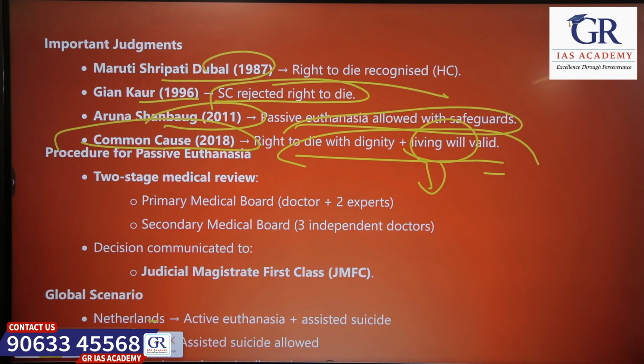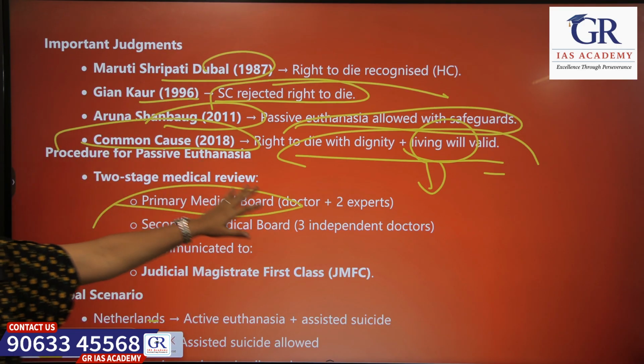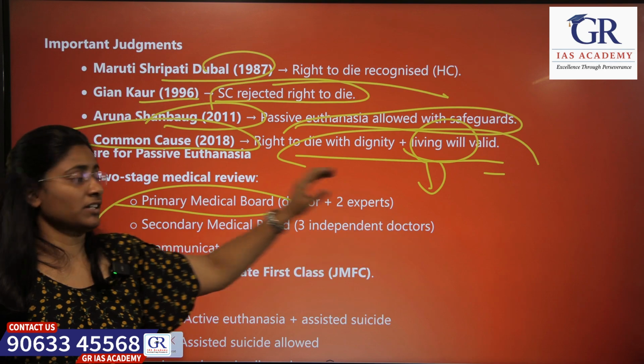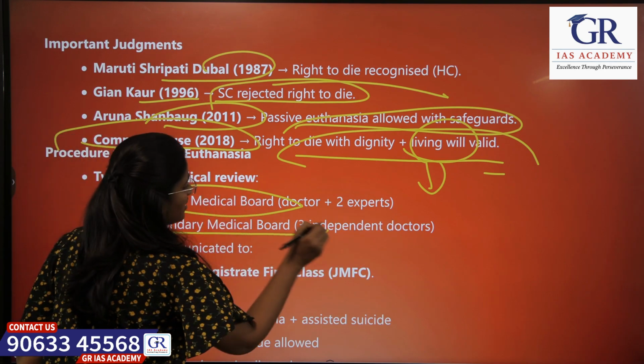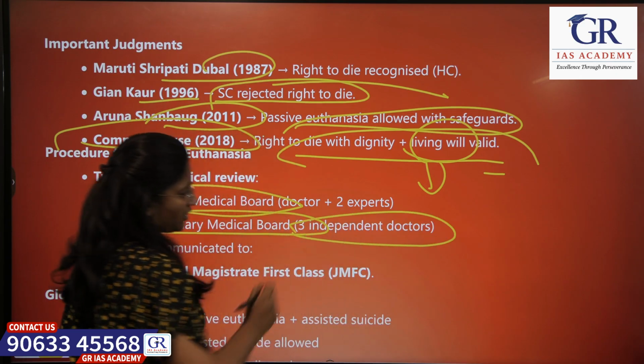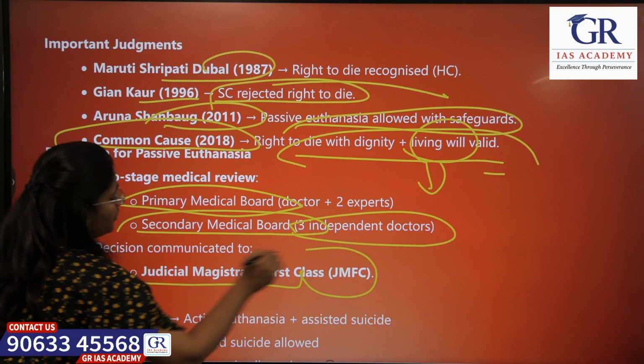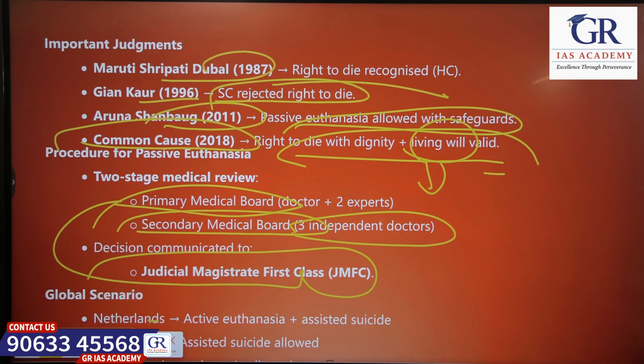Okay, fine. What is the procedure for passive euthanasia? There will be two stages in the medical review. First one is the primary medical board, which consists of a doctor and two experts, and second is the secondary medical board. Three independent doctors will be part of this board, and the decision will be communicated to the judicial magistrate of first class.